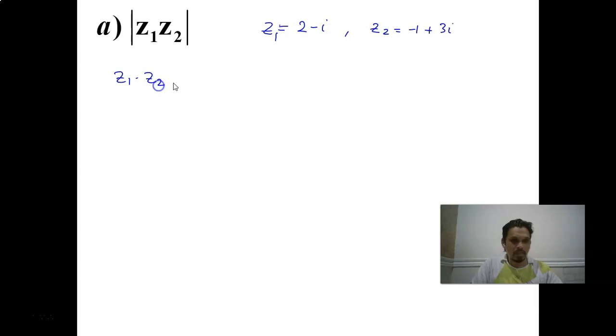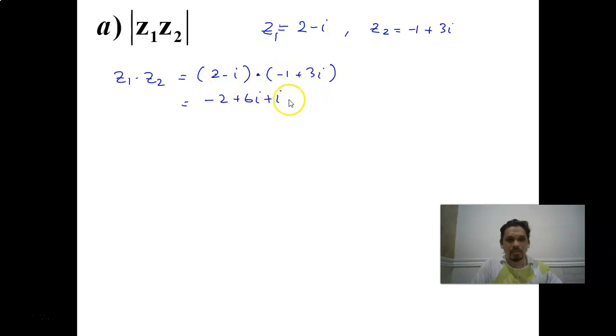So z1 multiplied with z2 equals 2 minus i multiplied with negative 1 plus 3i. 2 times negative 1 is negative 2. 2 times 3 is 6i. Negative i times negative 1 is positive i.